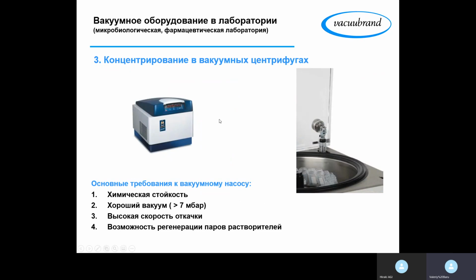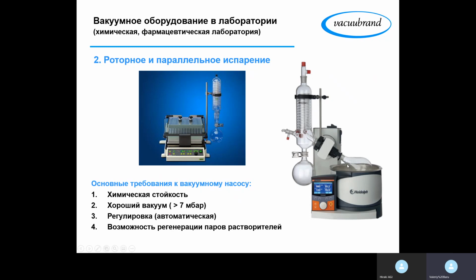Why do we need this kind of application? The limit of the rotary evaporator is the number of tubes or flasks that we can have evaporated simultaneously. As far as I know, the maximum number of glass tubes in the rotary evaporator is something like 20, with a volume of about 10 to 20 milliliters.